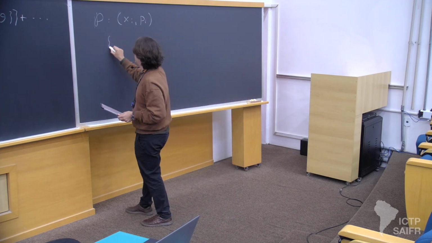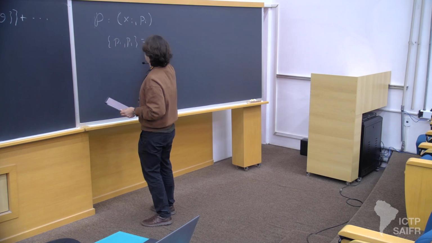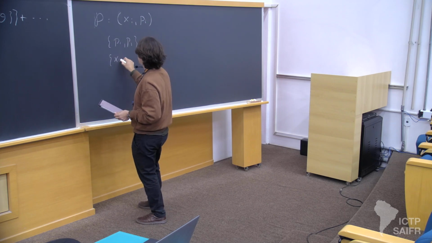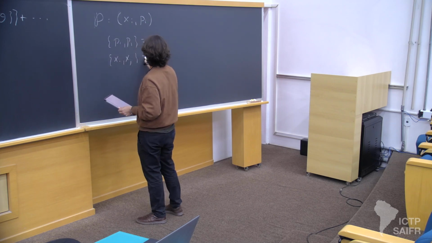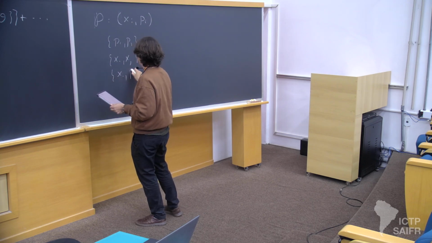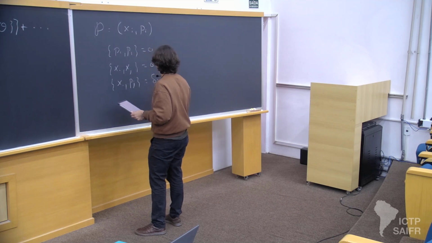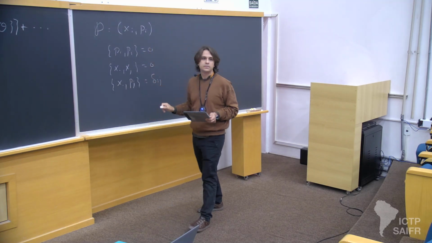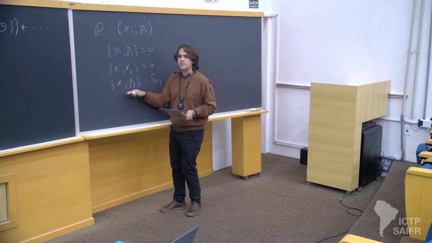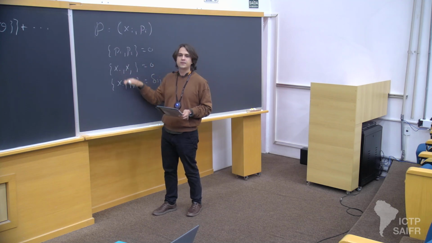So we have that {p_i, p_j} is 0, {x_i, x_j} is 0, and {x_i, p_j} is delta_ij. Okay, these depend on time, but I'm using the Heisenberg-like picture, so these are all at fixed time.